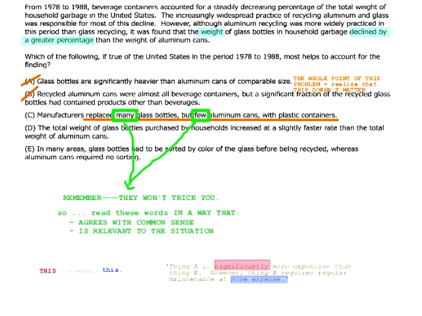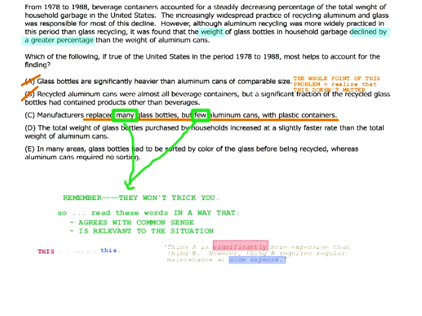Just because it does. I mean, if that were not true, then this would be tricky, and the GMAT is never, ever, ever, ever tricky. The GMAT uses words in the way that normal people use words in conversation. So just keep that in mind.